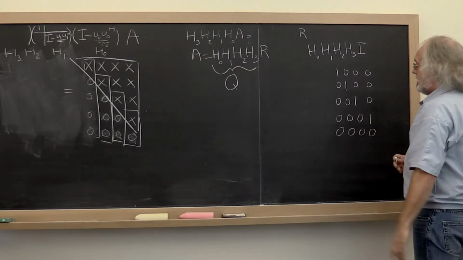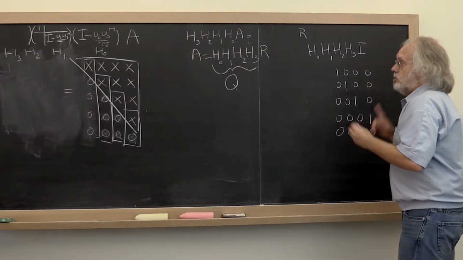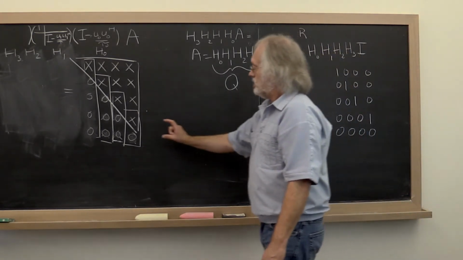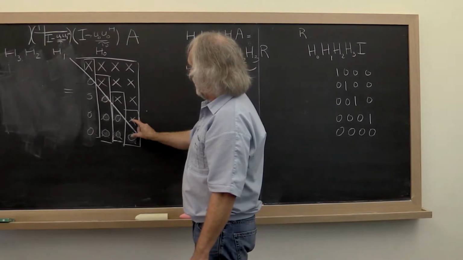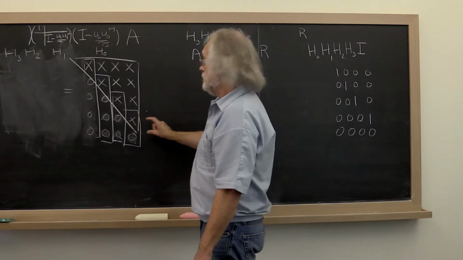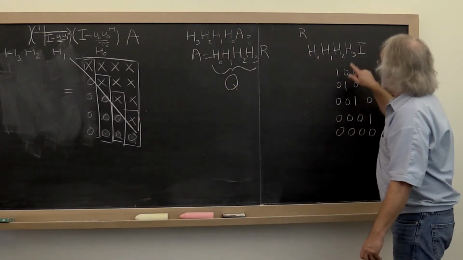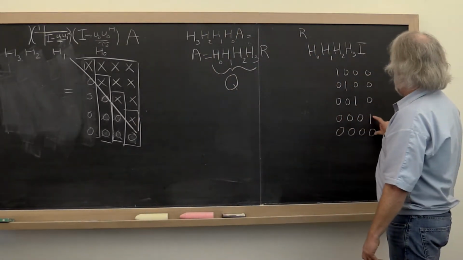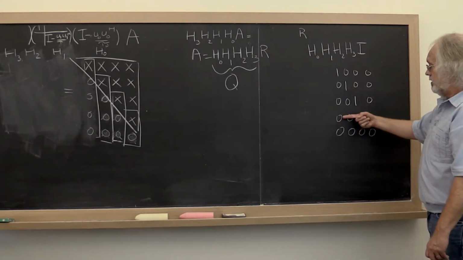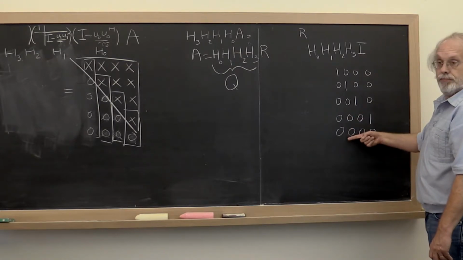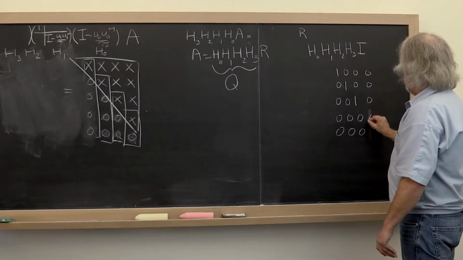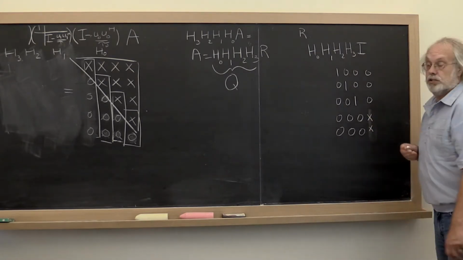Now, remember that this last unitary matrix really was the Householder transform that only affected the last 2 rows. So if you apply the Householder transform to this, you will only take linear combinations of these 2 rows, and as a result you will change only these 2 entries into non-zero entries.